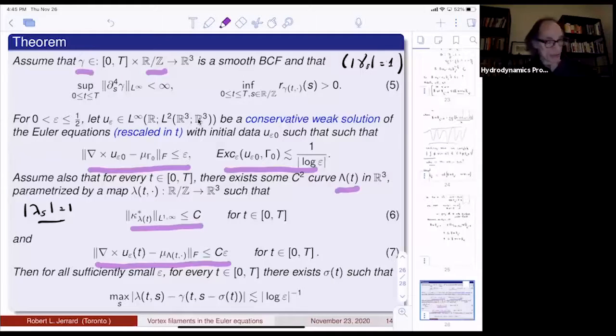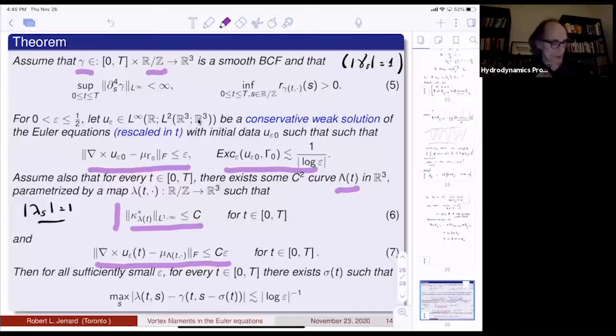I assume that at time 0 it's concentrated around gamma naught, and I assume that its excess is small. So its L^2 norm is basically only what's required to create this initially concentrated vorticity, plus maybe order 1 or something. Then further, I assume that there's a curve lambda of t whose length is invariant, and its geometry is controlled.